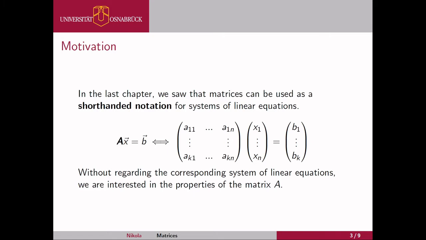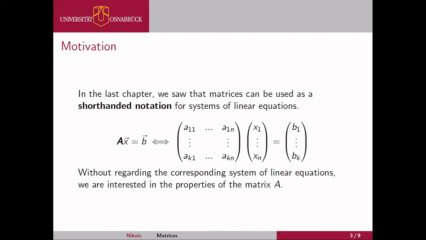So, motivation of matrices. In the last video by Leo, you already saw that when we have a system of linear equations, the general form is always the same, right? We have all of these coefficients, a1 to akn, and they are what defines our system of linear equations.